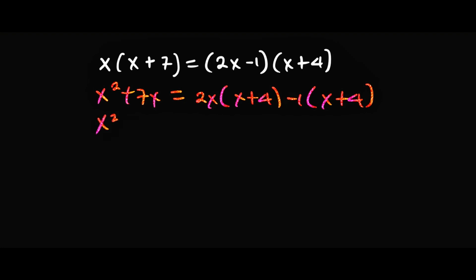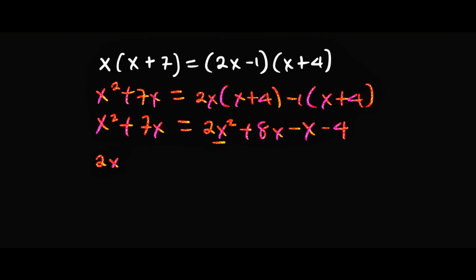So you have x squared plus 7x is equal to 2x squared plus 8x minus x minus 4. We can collect like terms: 2x squared minus x squared plus 8x minus 7x minus x minus 4 is equal to 0.